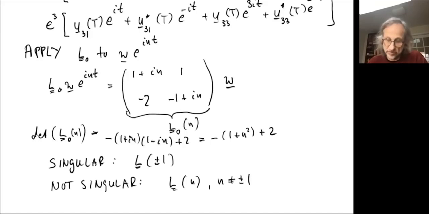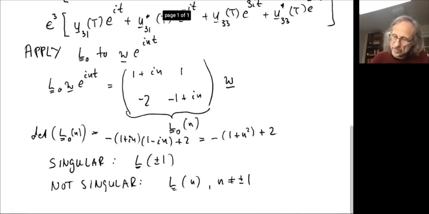We now know what we need to look for: that frequency n. And if the operator is singular, then from the Fredholm alternative theorem we get a solvability condition, which tells us that the right-hand side of the equation times the left zero eigenvector of that operator must vanish. So we should calculate that left zero eigenvector.